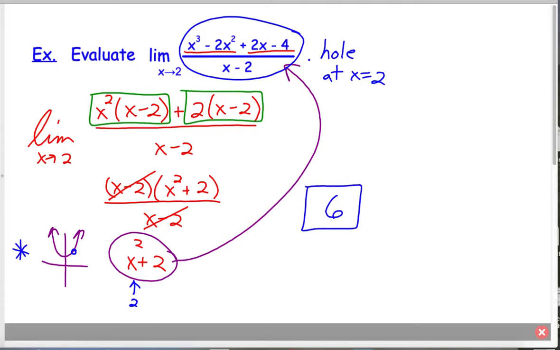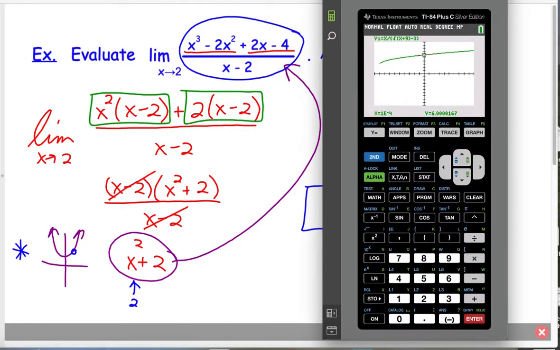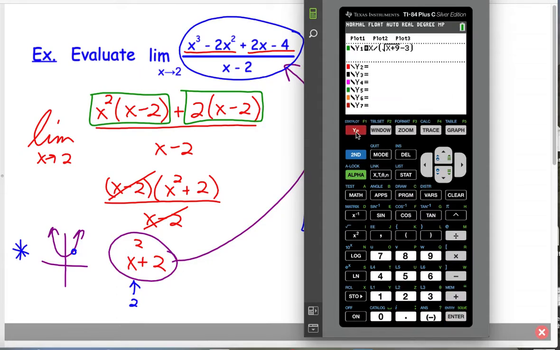Let's verify that. I'm going to go ahead and graph this complicated looking function. So I'm going to use parentheses for the top, and I have x to the third power minus 2x squared plus 2x minus 4 divided by another set of parentheses, x minus 2.